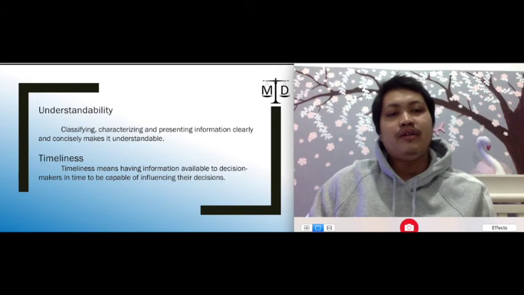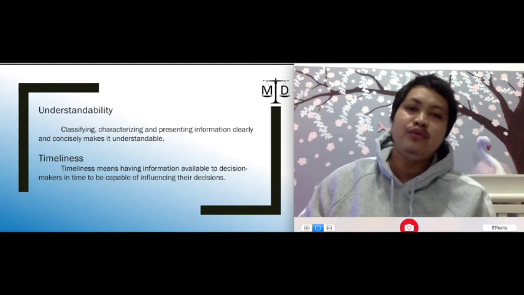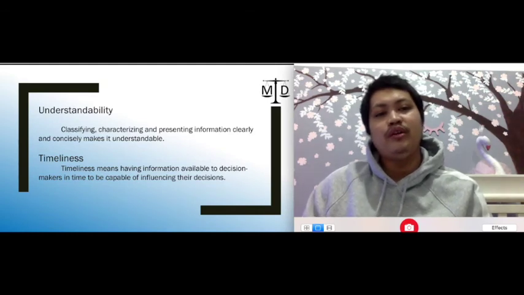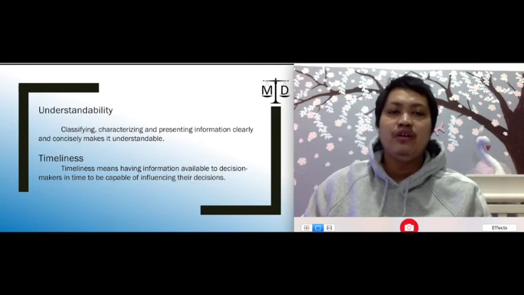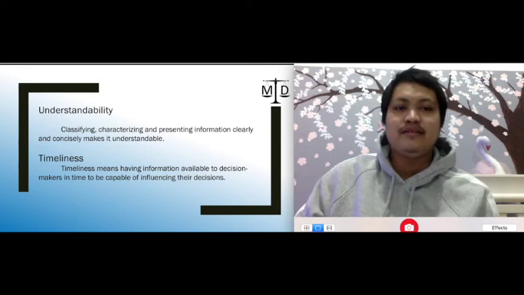Generally, the older the information, the less useful it will be. So our goal is to provide the information before it completely loses its value or use. However, there may be instances in which old information may still be considered timely, just like when we use old information to help financial statement users identify and assess trends.